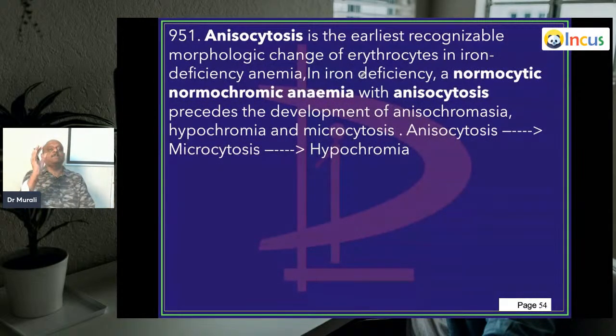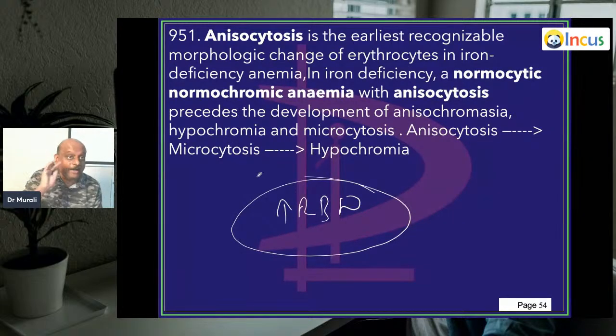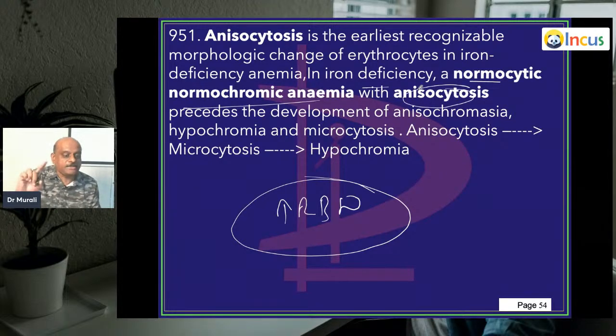Earliest recognizable morphological change in erythrocytes in iron deficiency. Favorite MCQ. Anisocytosis. That's the reason increased RDW is one of the very early whistleblowers of iron deficiency. Then in iron deficiency, normocytic normochromic anemia with anisocytosis, first what you will see. First it will be normocytic, not microcytic, normocytic, normochromic and anisocytosis. Then they develop anisochromasia, hypochromia, then microcytosis.